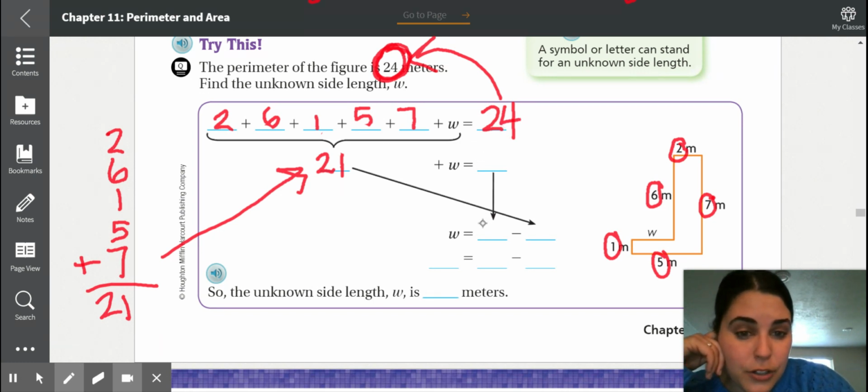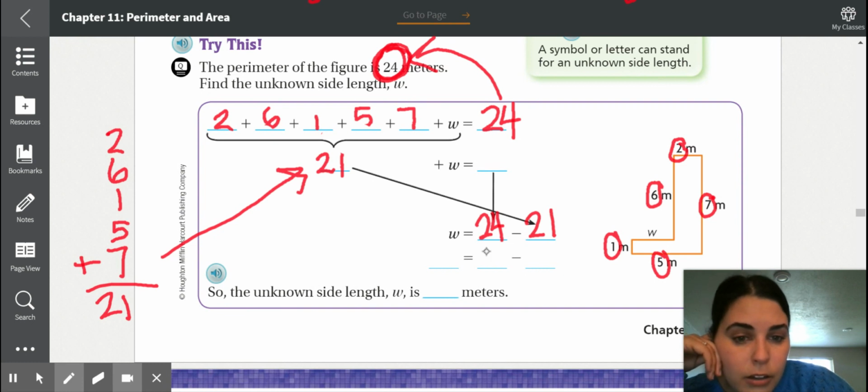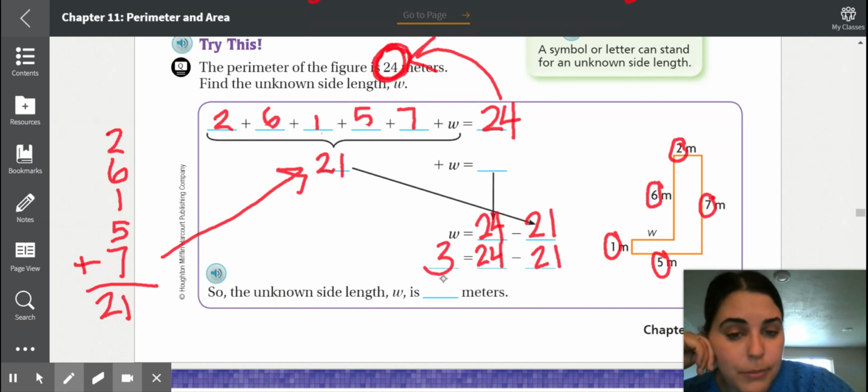So we need to think 24 minus 21. Well, what is 24 minus 21? 24 minus 21 is 3. So the unknown side length of W is 3.